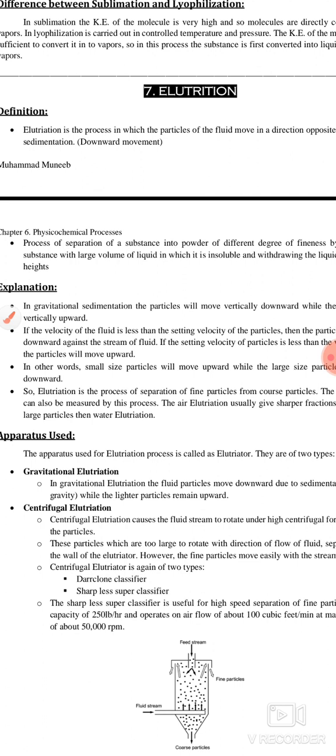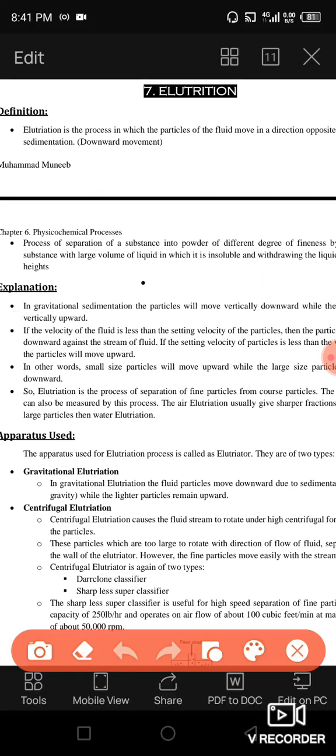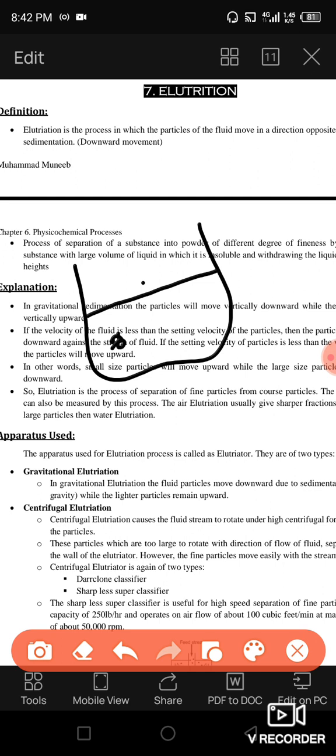Actually, in this process, for example, if I have a beaker with a substance in it, in this liquid I have particles of different densities. For example, I have more dense particles, I have less dense particles, and more fatty-like particles are also present in that solution.